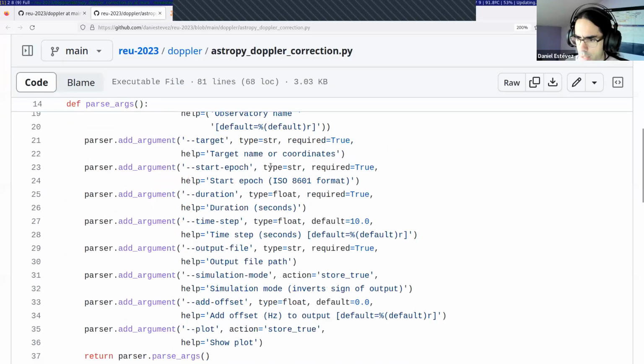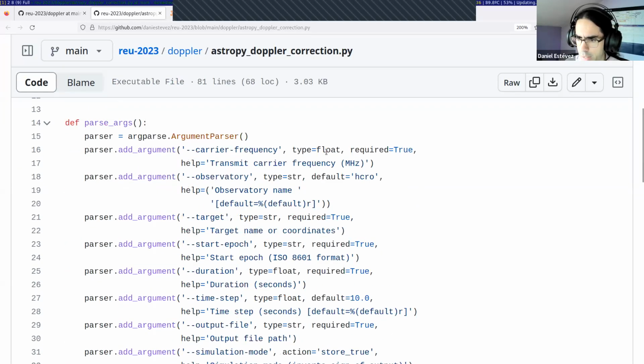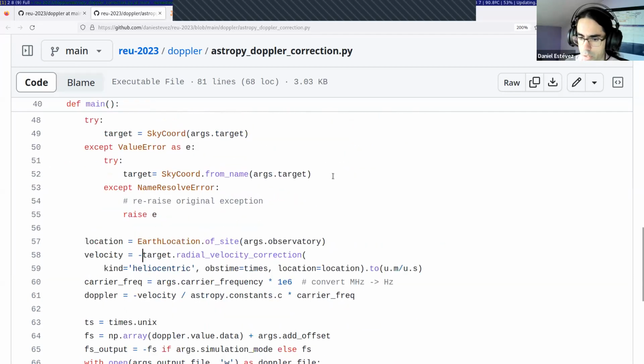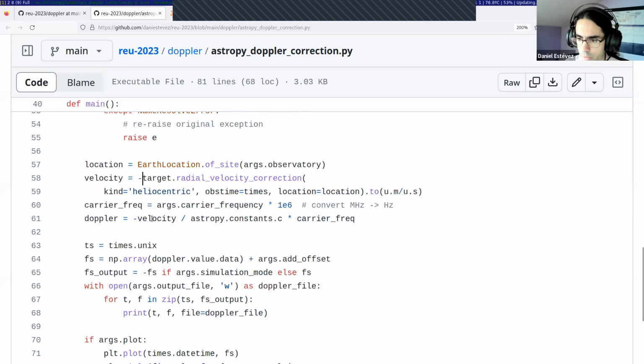So I forgot to say it, but we are supposed to fill in the carrier frequency in megahertz because it's often more convenient. And then the formula for Doppler, I'm not sure if you know this formula, but basically the Doppler effect, at least in the Newtonian approximation, there are some more complicated relativistic formulas which take into account both special relativity effects because of the individual velocity of the source and the receiver.